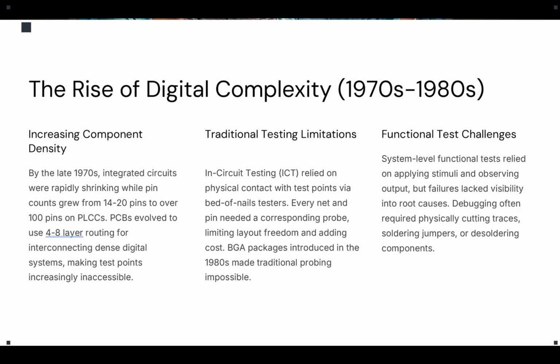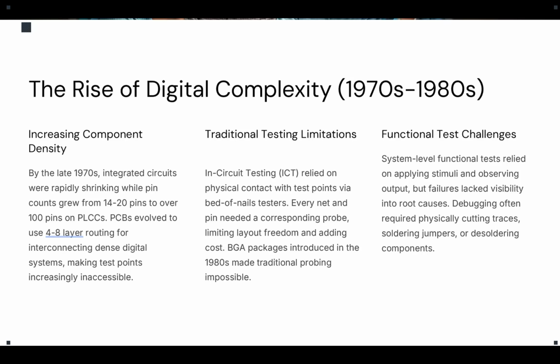Beside that, the PCB design also went from a one layer, two layer design to 4, 6, and even 10 layer designs. All this complexity and density happened very rapidly.